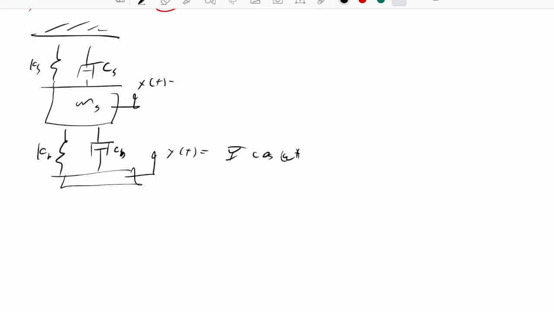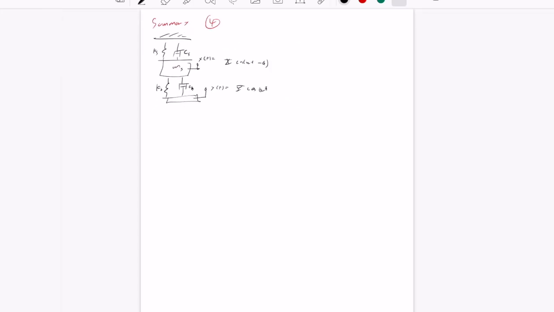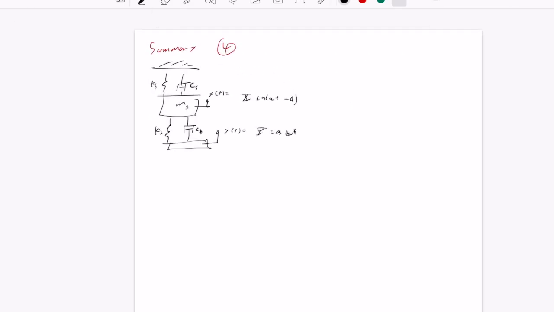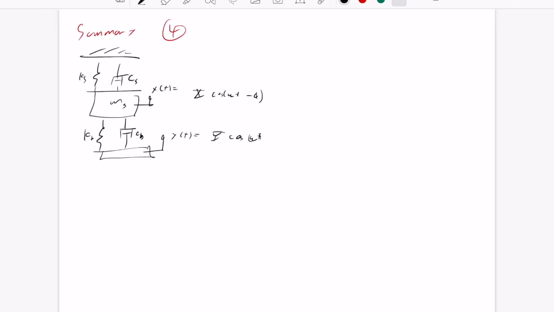Here's x of t, which is equal to x times cosine omega t minus v. I'm not going to solve for the phase shift because that's a whole lot of algebra that I couldn't figure out correctly. Sorry, but I'm really more interested in this response anyway.